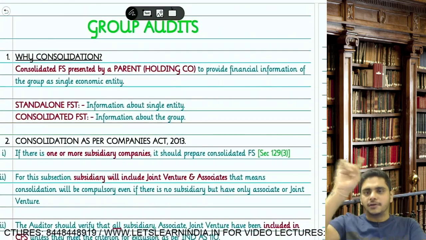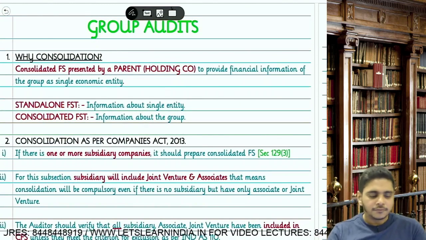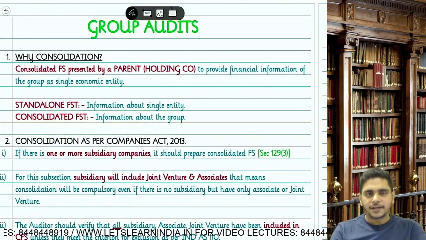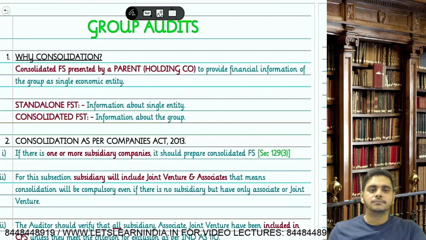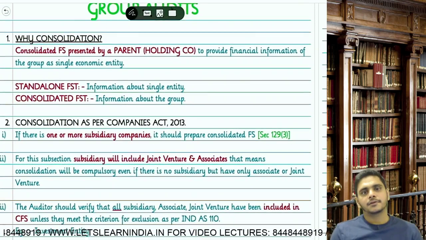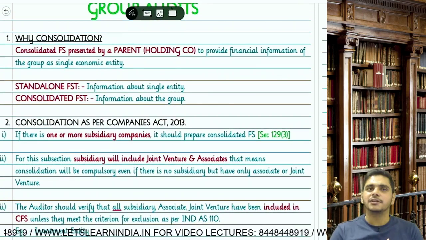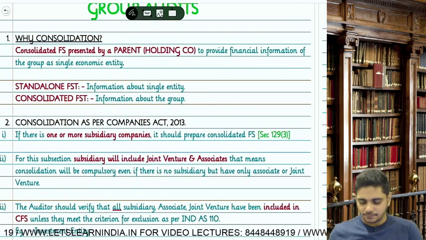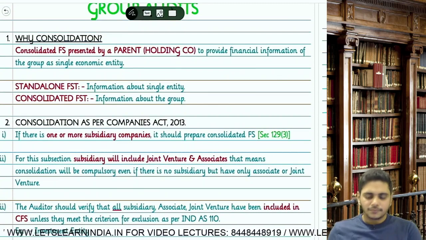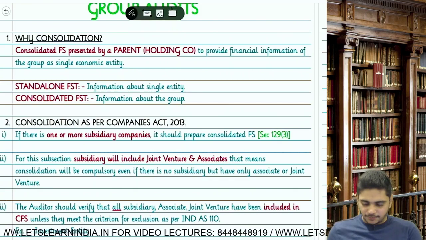Now give the heading as group audits, dash 4 marks to 8 marks.